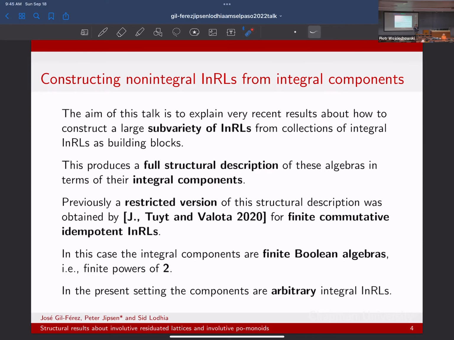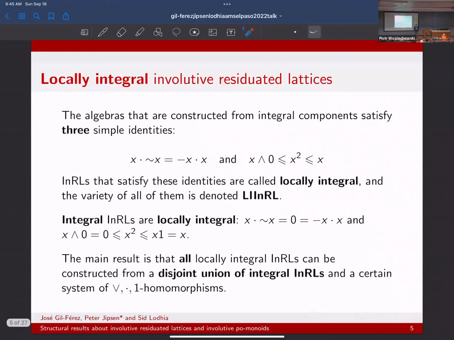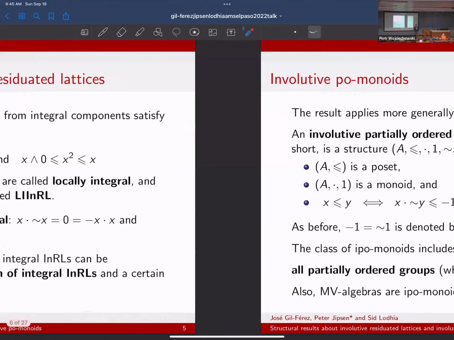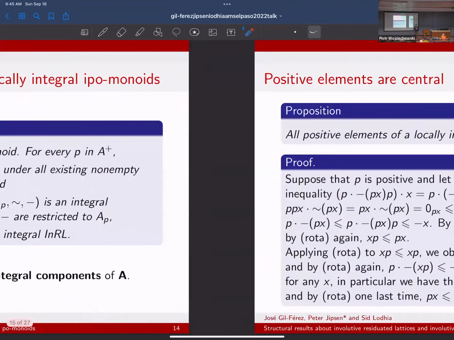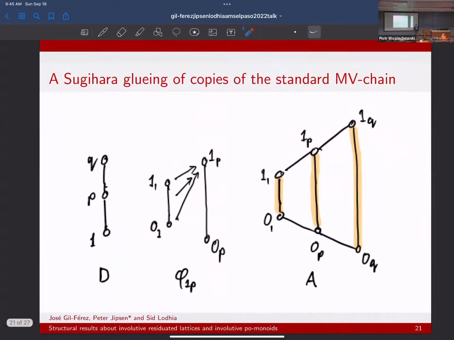So the finite 2-element Boolean algebra can be used to build non-integral things that looked very nice. And in the present setting, we don't have this description. So there are some details we have to go through, but maybe I can skip ahead here and show you some picture. I should have put it earlier.